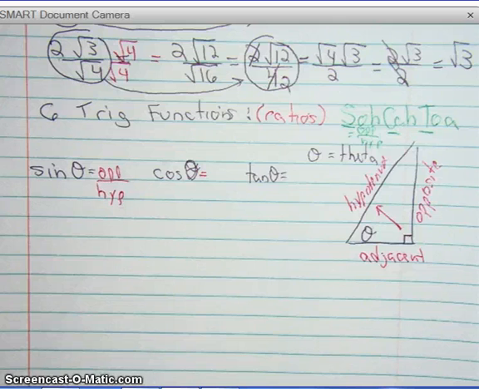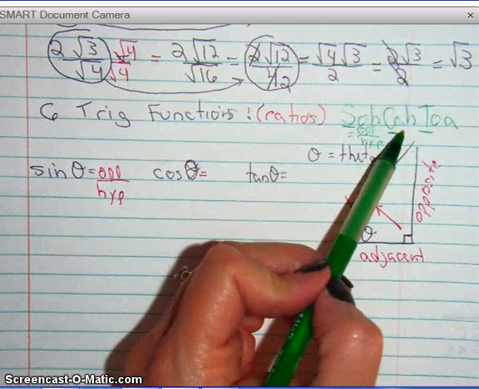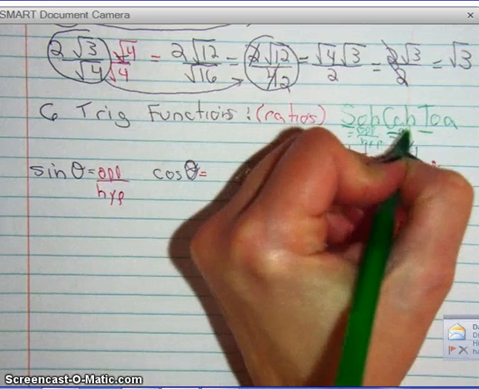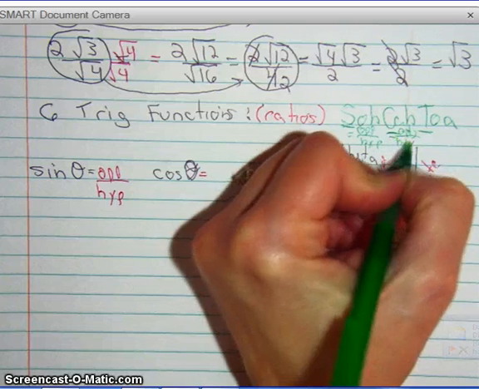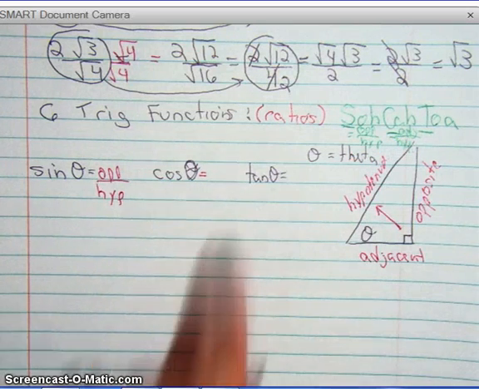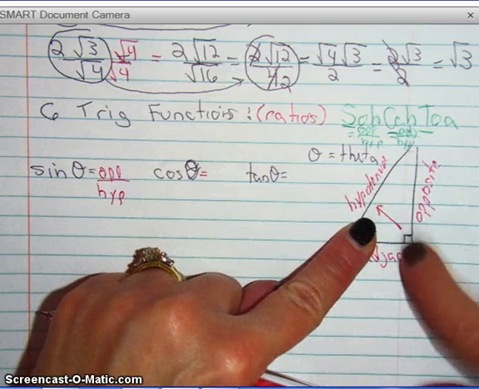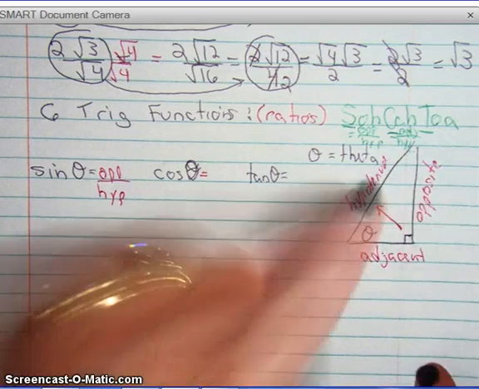Cosine of theta. Haley, what do you think the A and the H stand for? Adjacent over hypotenuse. So I want to talk about adjacent to my finger. I have two that are adjacent, but one of them is always the hypotenuse.